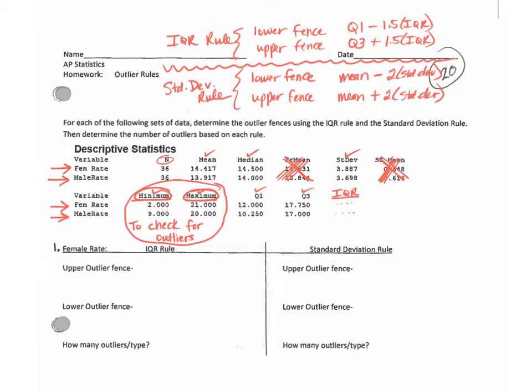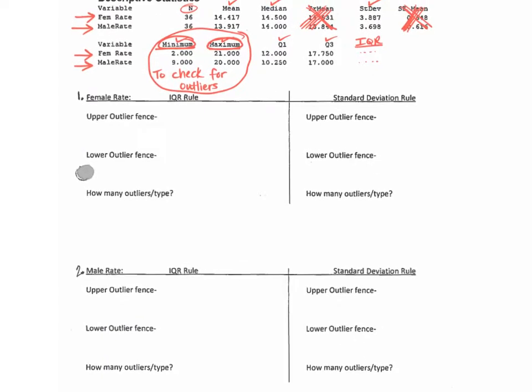So you can see on this page 20, what you're going to do is take the female information and find the upper and lower fence with the IQR rule. And then go look at your min and max to see if there are any outliers and if they are upper or lower outliers. Then you'll do the standard deviation rule and see again if we have any outliers and if they are upper or lowers.